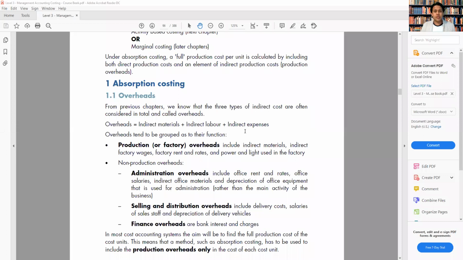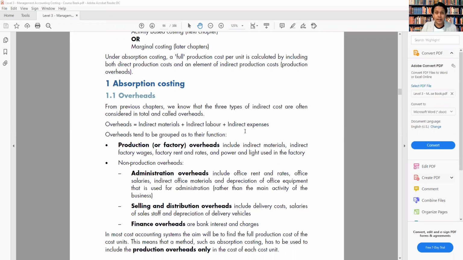So this cost needs to be shared. Anything that is direct cost can be directly allocated to the production center, and anything we cannot directly allocate, we have to use some basis.